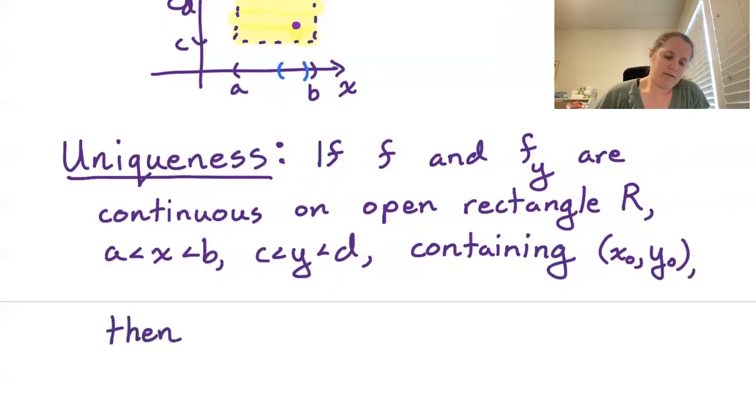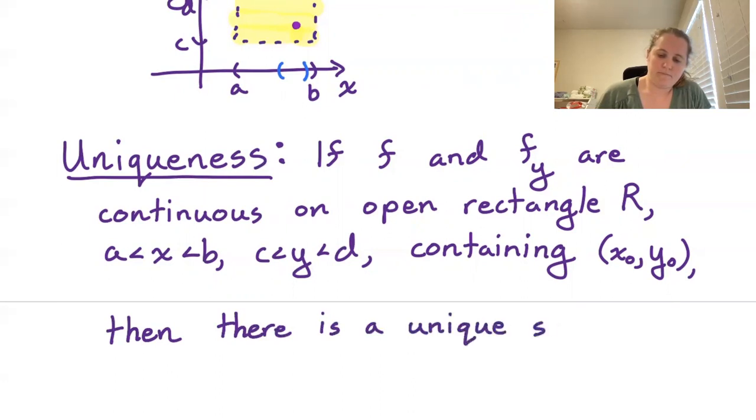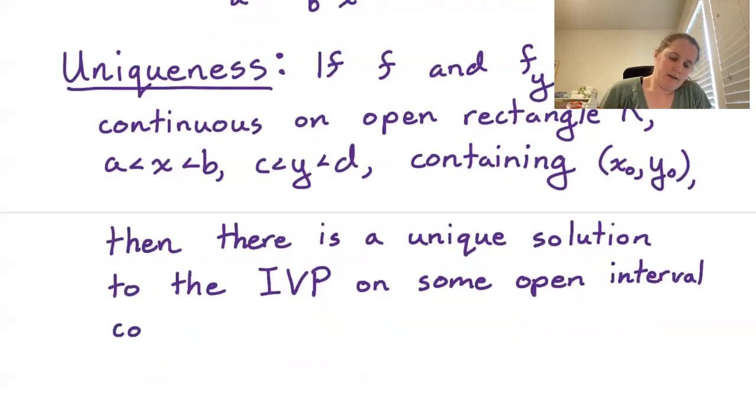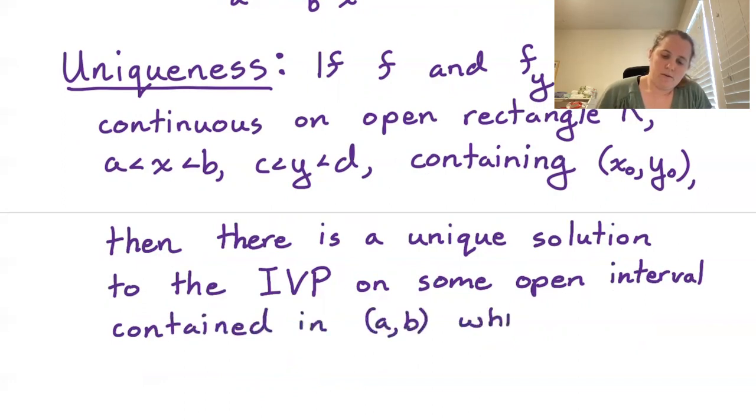then there is a unique solution to the IVP on some open interval contained in AB, which contains our initial point x naught.